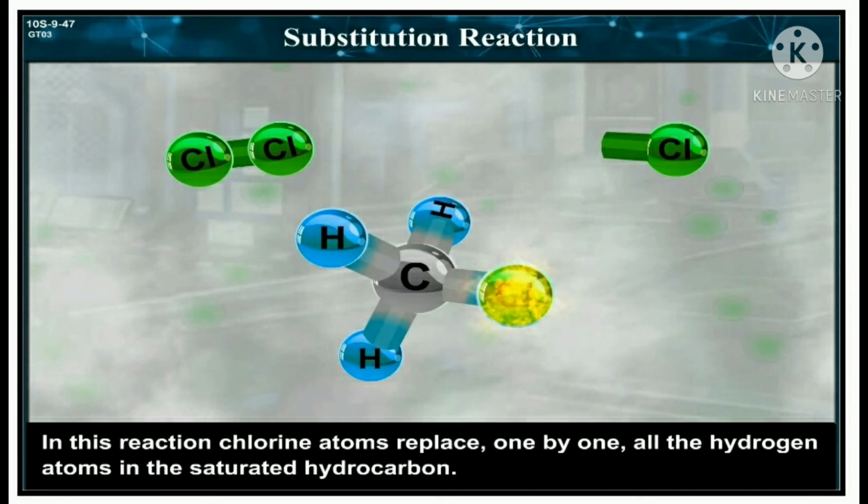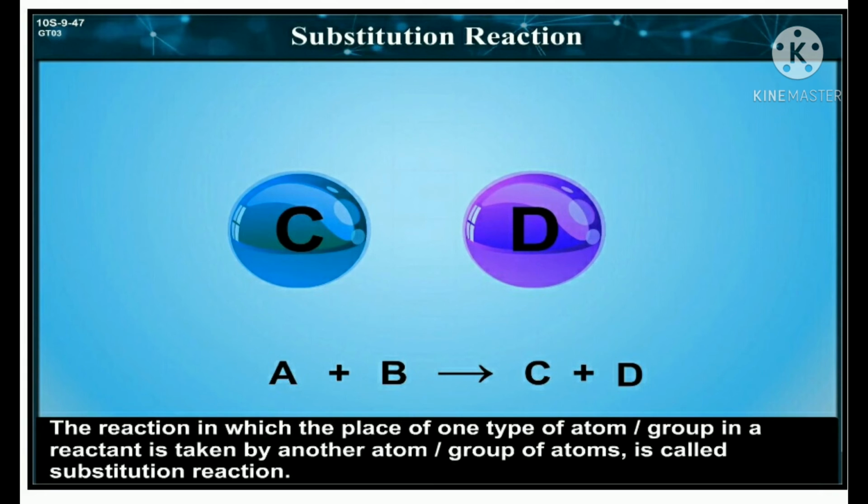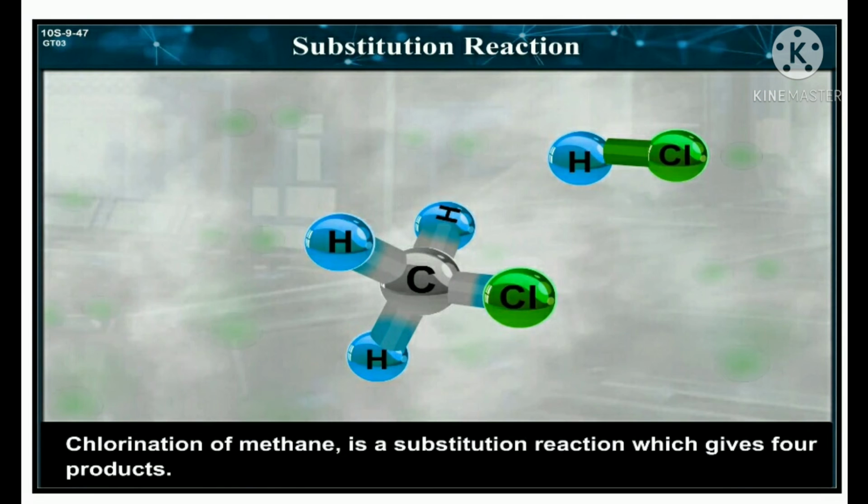In this reaction, chlorine atoms replace one by one all the hydrogen atoms in the saturated hydrocarbons. The reaction in which the place of one type of atom or group in a reactant is taken by another atom or group of atoms is called a substitution reaction.